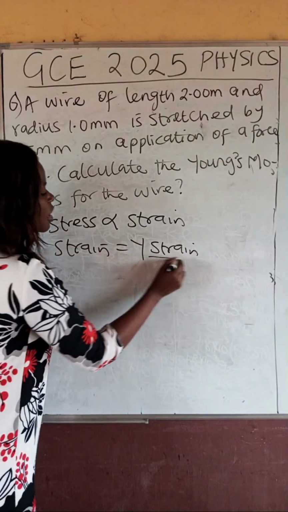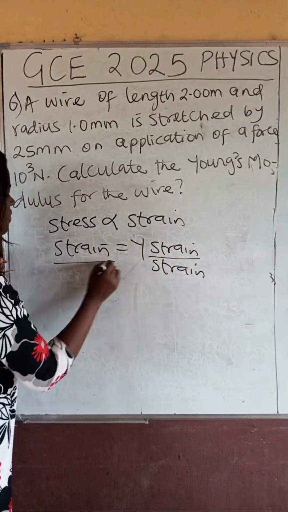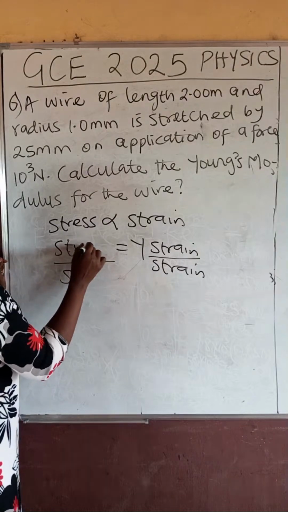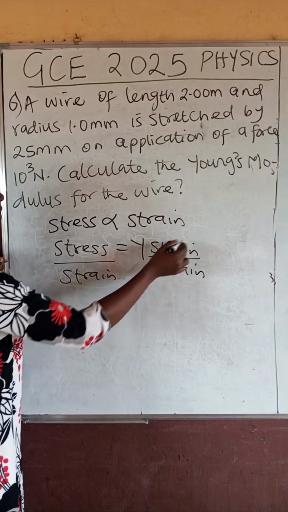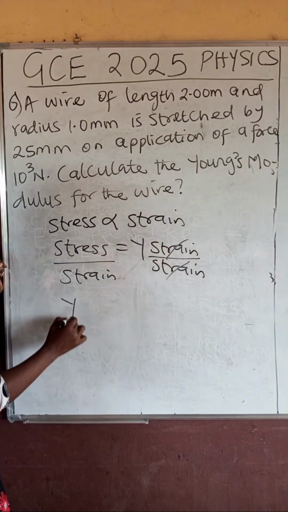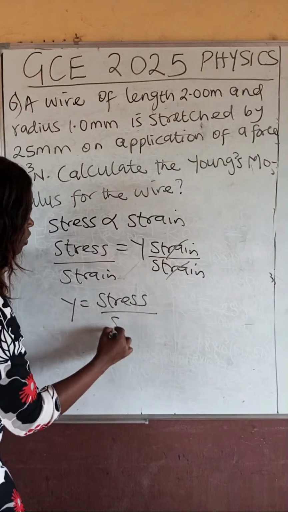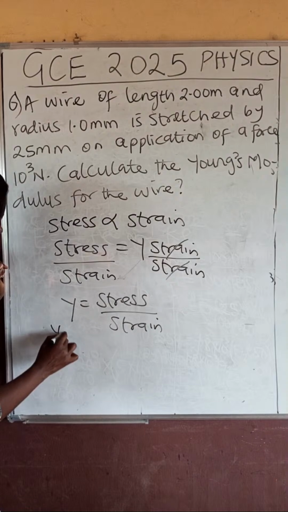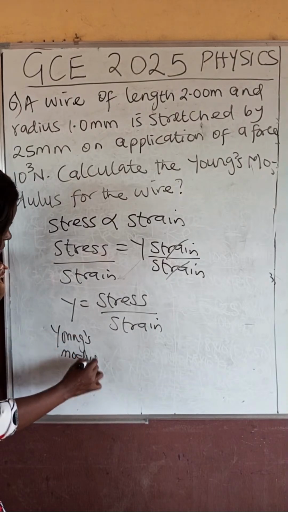I want to make it the subject, so I divide by strain. So this is stress, this is strain, I cancel this. So Y is equal to stress over strain. And this is what is said to be our Young's modulus.